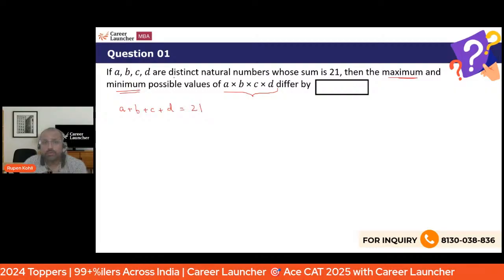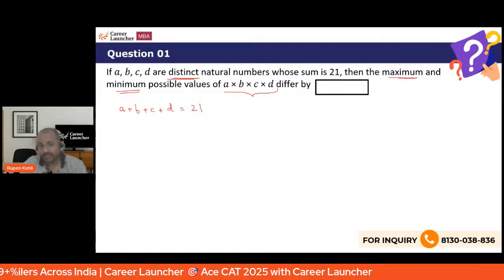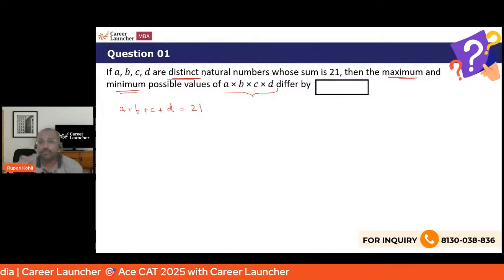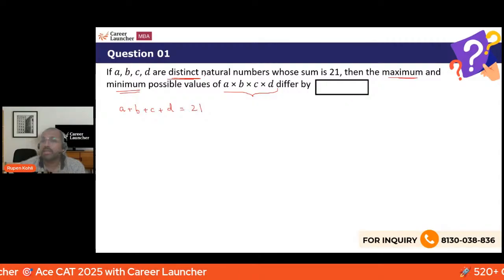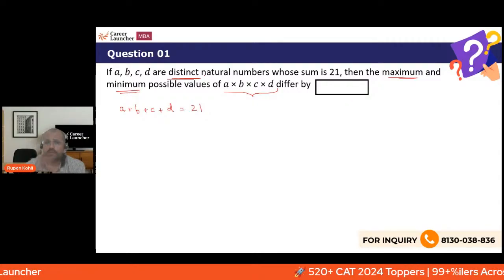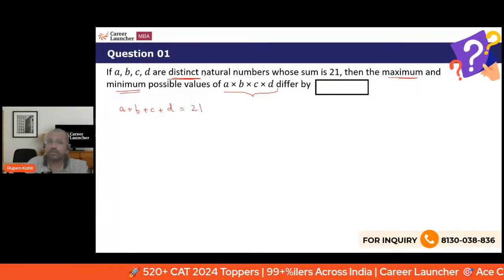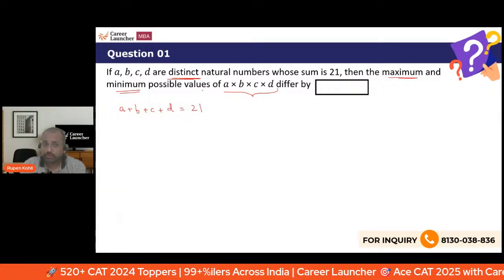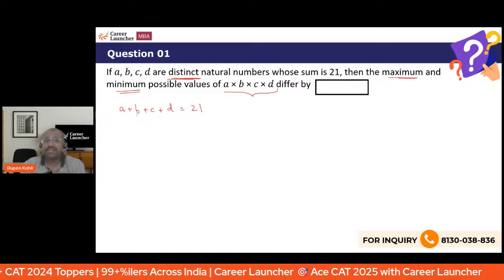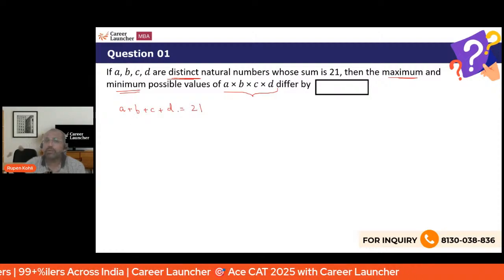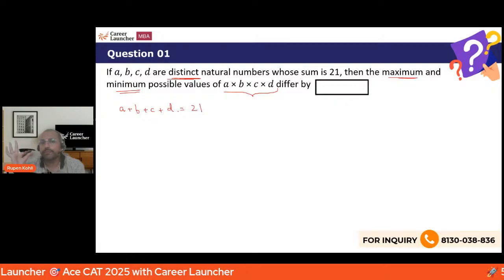Now, look at this thing that they are distinct. So I just said for maximization, we should make the variables equal to each other, but that is not allowed. However, if we were not having this constraint of distinct natural numbers, then we would have said each number should have been equal to each other. So 21 by 4, which is 5.25, should have been the value.